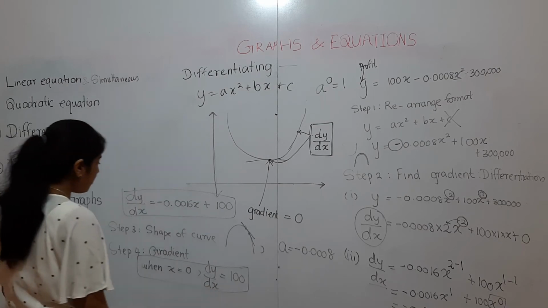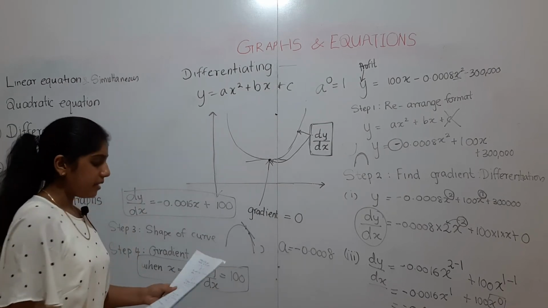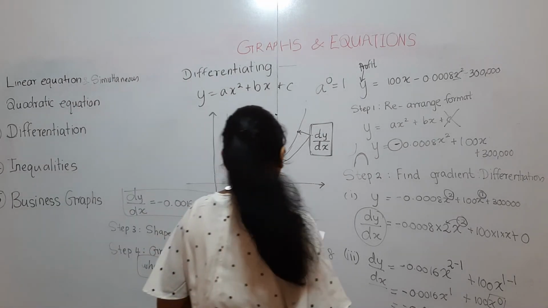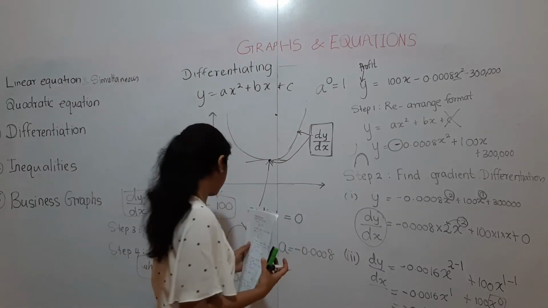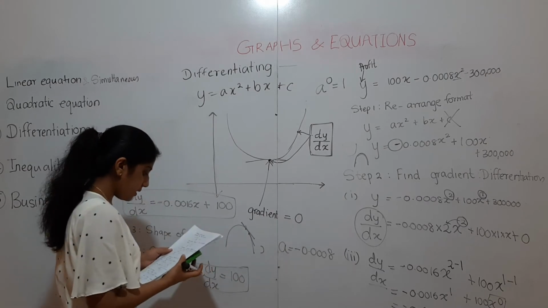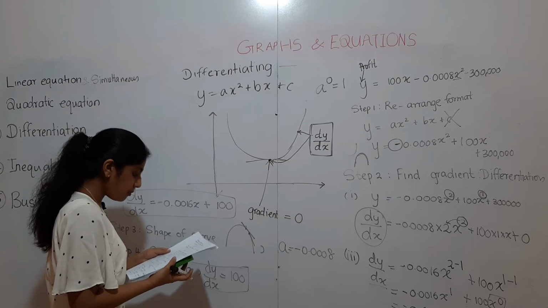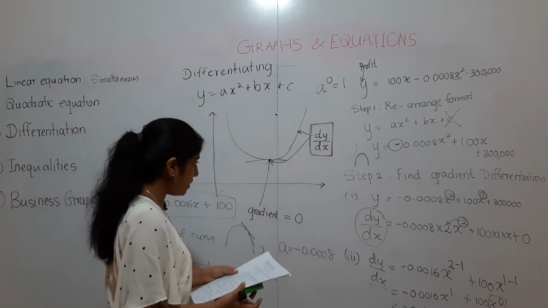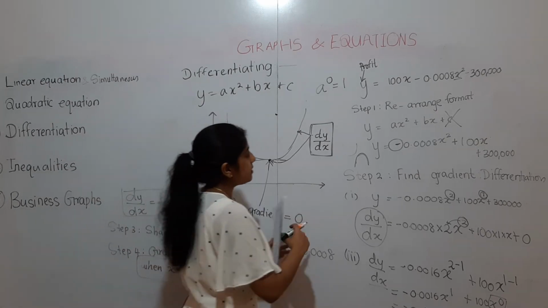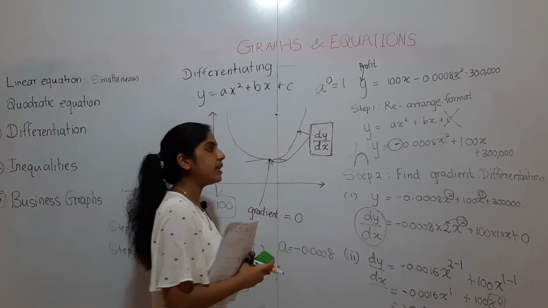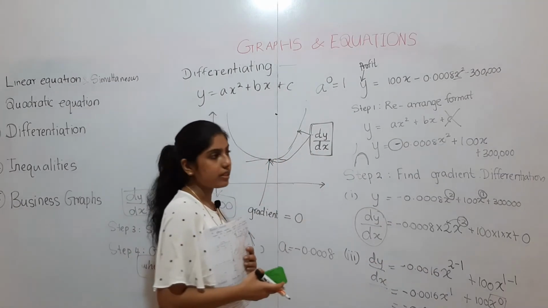Now they are asking what is the maximum profit, and actually they are asking at which sales level. Now this x is the sales level. At which sales level will we get maximum profit?